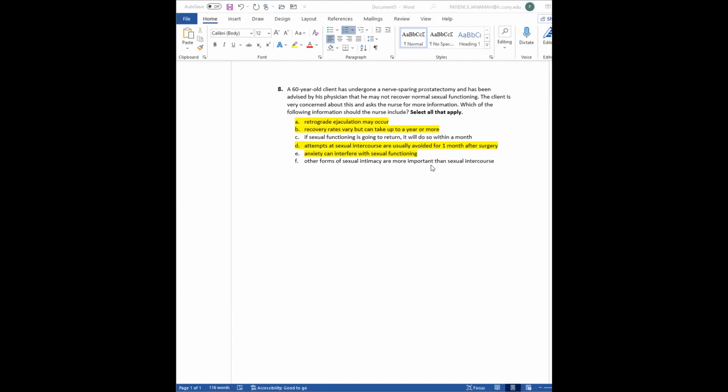Recovery rates usually vary, but for up to a year you expect them to do much better. For sexual intercourse, they can resume after 1 month if doing okay. And sometimes anxiety too can interfere with their sexual life, so you also want to take notice of that option.